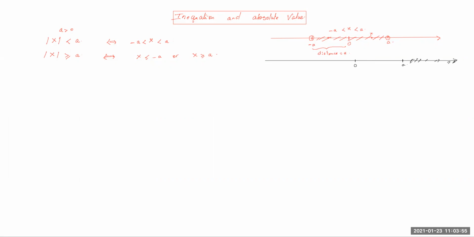We include A, so let's put a bracket like that to show that we are including A. We can also consider the values less than minus A, because then the distance to the origin will be greater than A. Since we include the possibility of equality, we include minus A also.